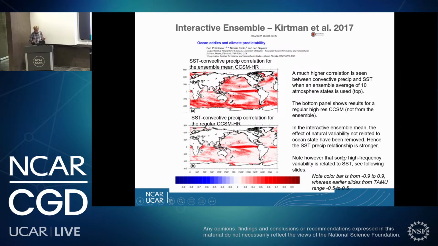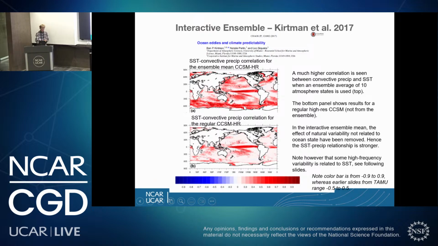But what I've found is, and so that's a very interesting result. But the interesting thing to me is that the way the atmosphere is responding to the SST may also involve high frequency variability, which is a part of the natural variability. So there's some interesting questions here about how in this top panel, what exactly is happening.